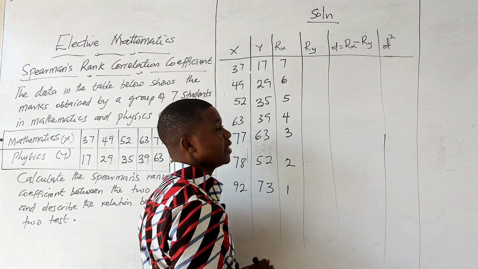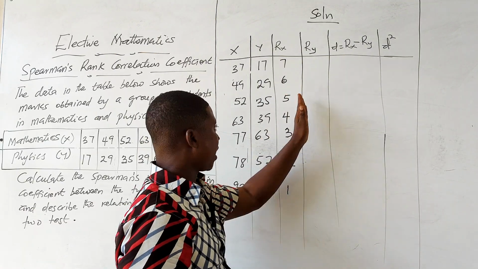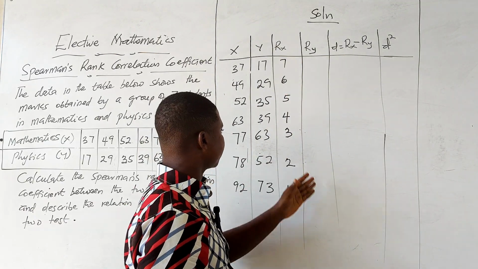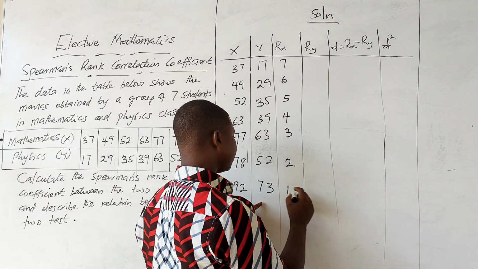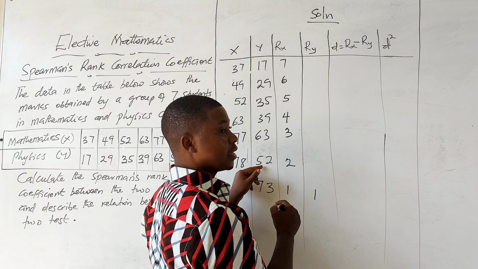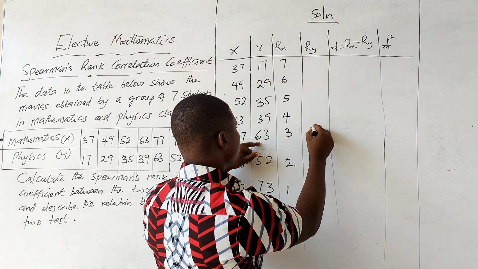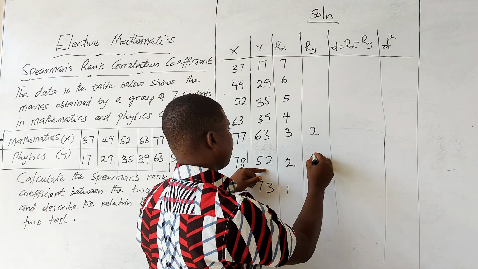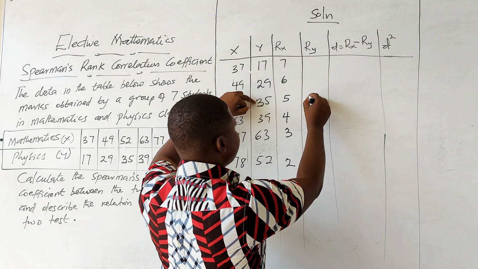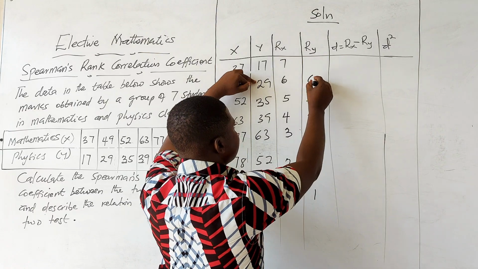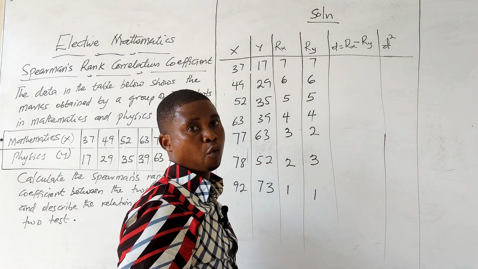So that is the ranking for x. The same thing for y. We are going to rank the values of y in that order. The highest value for y is 73, that's 1. The next one, 63, is 2. Third one, fourth one, fifth, sixth, and 7. And that is the ranking for y.